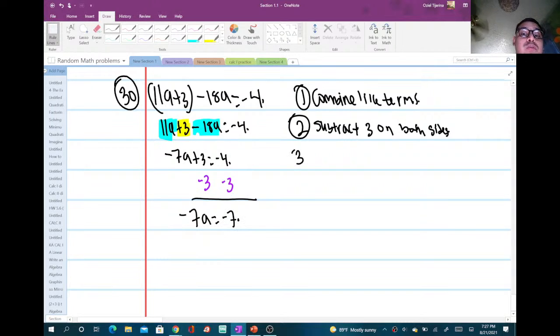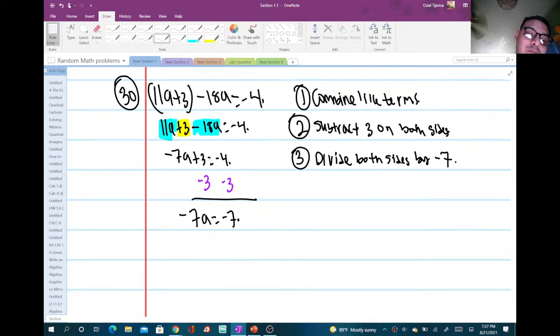And then number 3, you're going to divide both sides by negative 7. Once you do that, you get a equals 1.